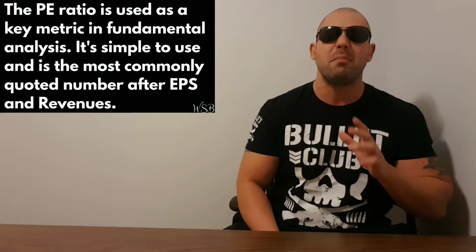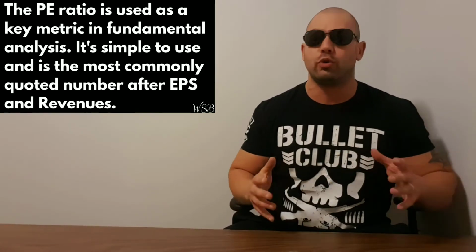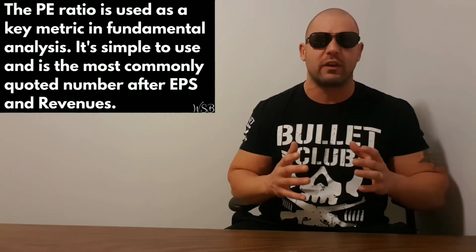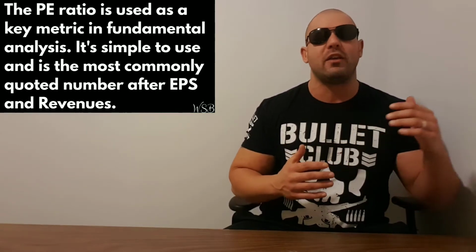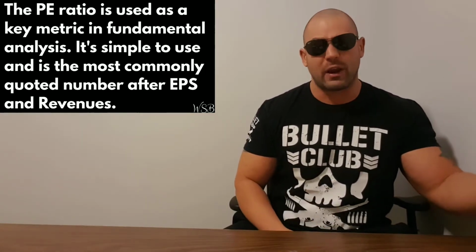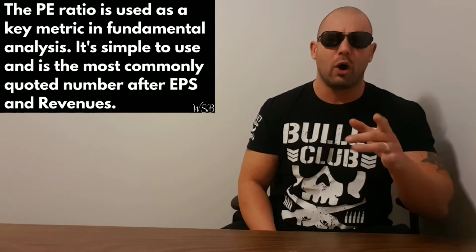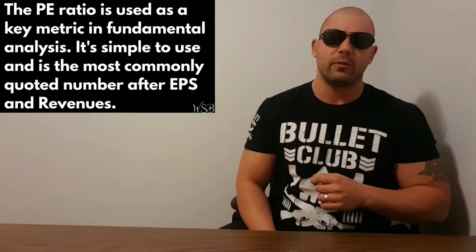This is going to be a metric that's used all the time. Pretty much one of your go-tos. Everybody's going to be using this for some purpose, right? You might not be basing all your decisions off just your PE ratio, but it is a ratio that is going to make it into all of your fundamental analysis, that I can assure you of.